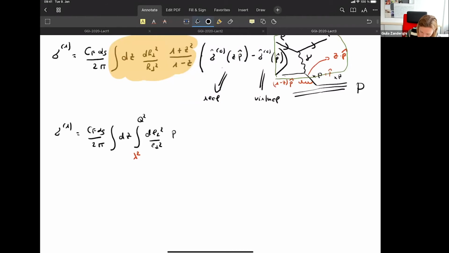Then let me also introduce this notation where I call this P of z. We will see later even why this is. And maybe let me also write it directly in this form. I call it P plus.